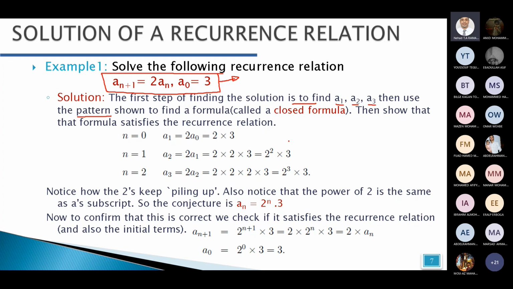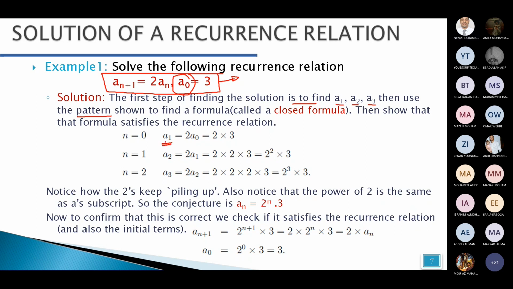Then if we can make this pattern general, we can find a general formula, a general term, for this recurrence relation. Let's take this one. From this one, we want to take the first few terms. We already have term A naught. We will take term A1.